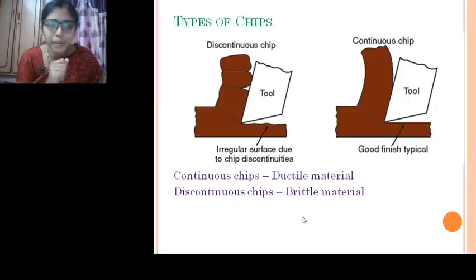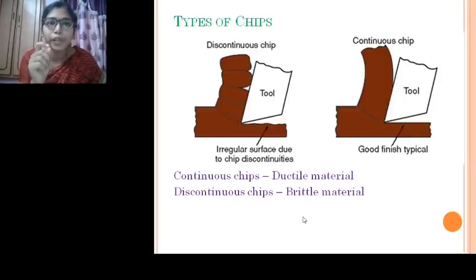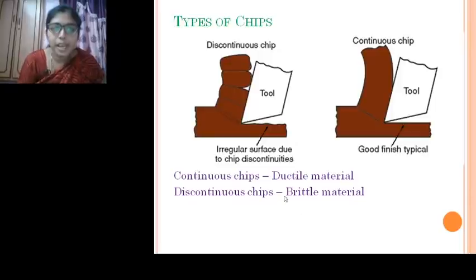Those are called discontinuous chips. Also in machining glass, it gives the chip in the form of an irregular shape, broken chips. Those are called discontinuous chips. So in a brittle material, you will be observing a discontinuous chip, whereas in a ductile material, you will be observing a continuous chip.